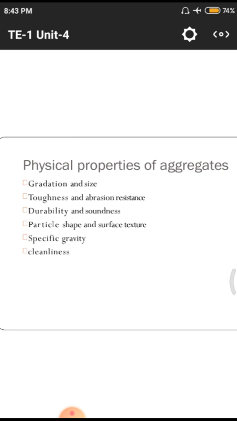In these physical properties, first of all we see the gradation and size. What is meant by grade? In our studies, they give a grading system to our marks.